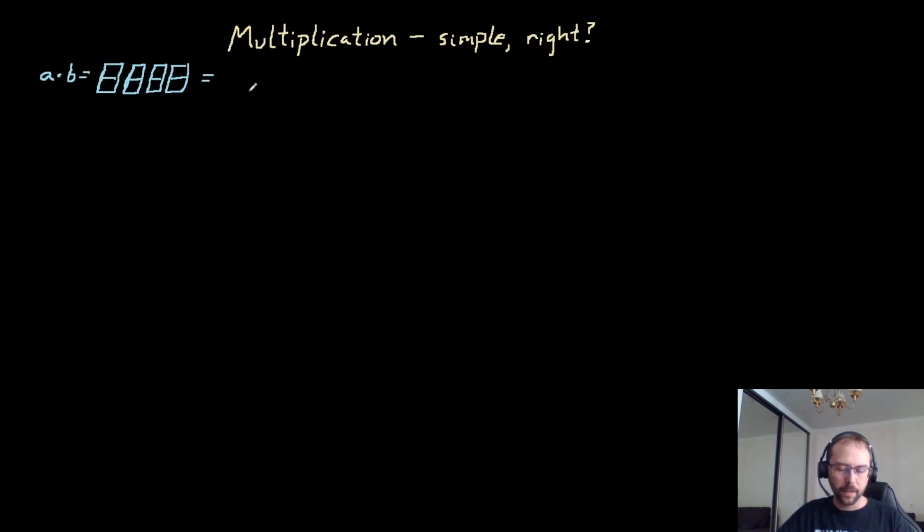Another representation is the idea of area. So I could just draw a rectangle, but I will draw a rectangle on a Cartesian plane. So let's say that A represents the length of our rectangle, and B represents the height of our rectangle.